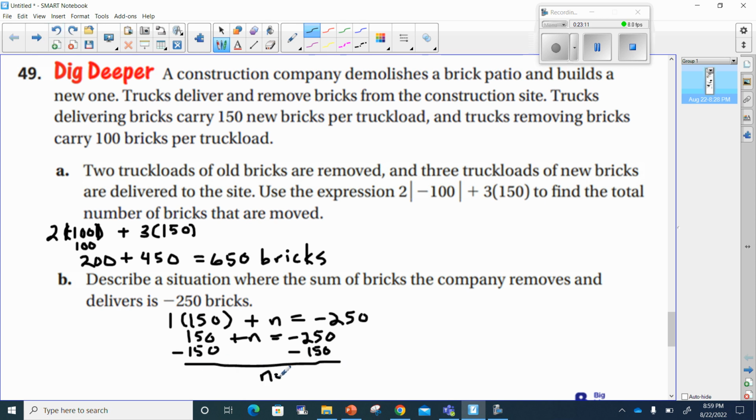N is equal to negative 400, right? And so to get negative 400, I need to have 4 truckloads removing bricks, right? So we can say 4 removing and 1 delivering.